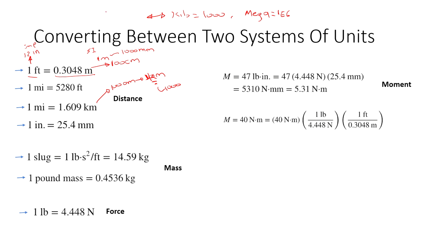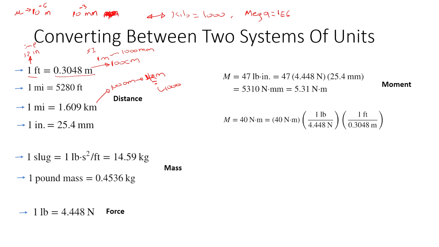You can have micro. Actually, let me correct that: millimeters is 10 to the negative 3 meters, and 10 to the negative 6 meters is micrometers.